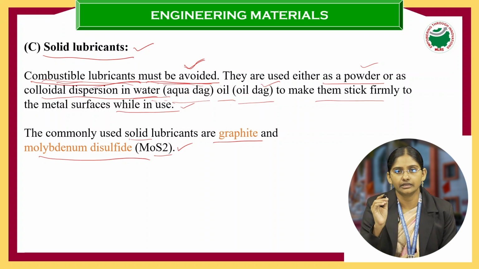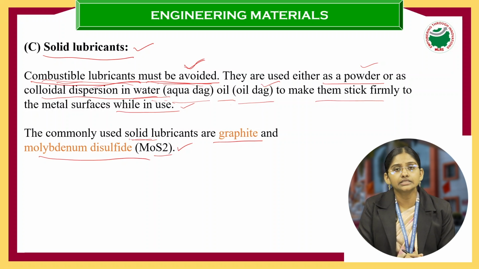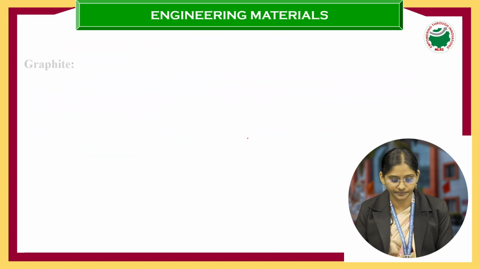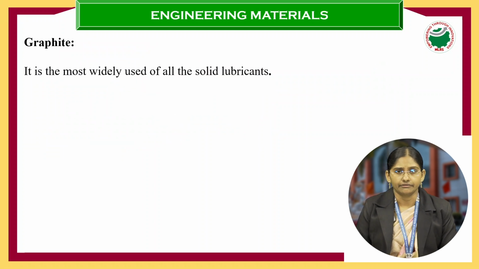Mainly because of their structure. Because of their structure, these are the most widely used solid lubricants. Now we'll see what their structure is, and in what way we can use these solid lubricants in machinery. First we'll see graphite.